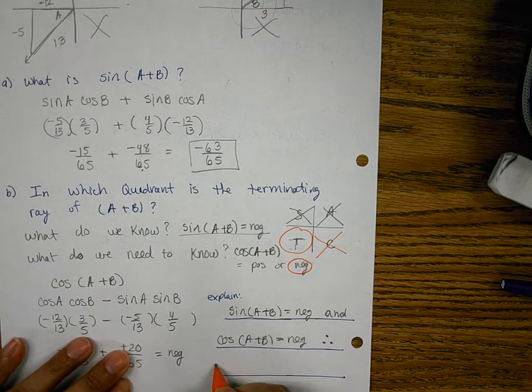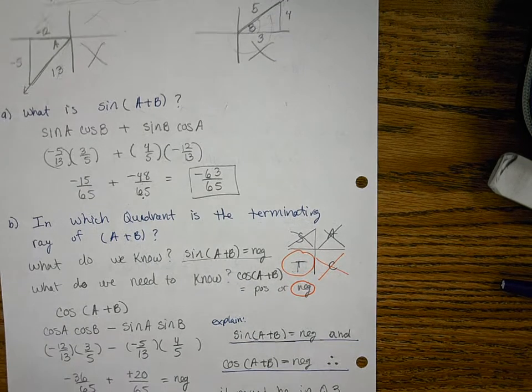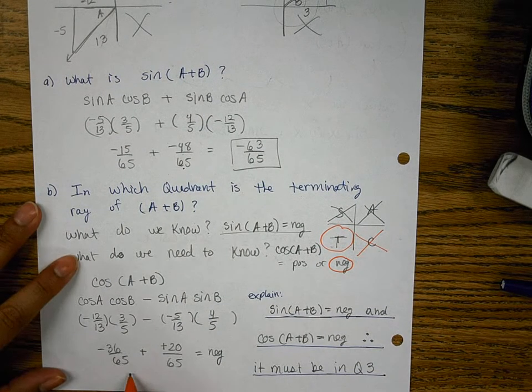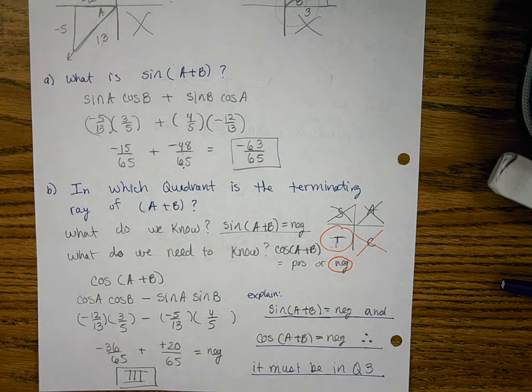One might be negative, one might be positive. In this case, they both came out to be negative. Therefore, it must be in Q3.